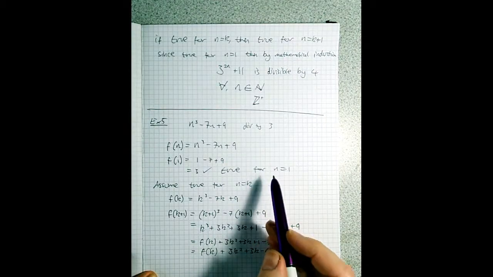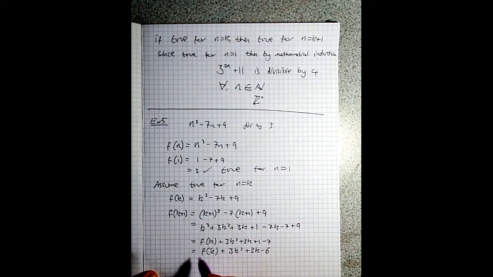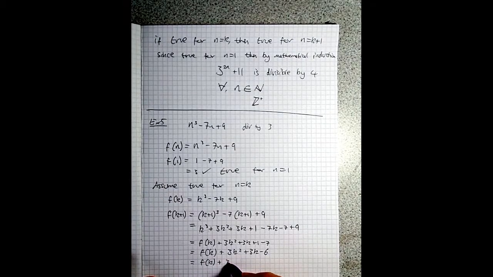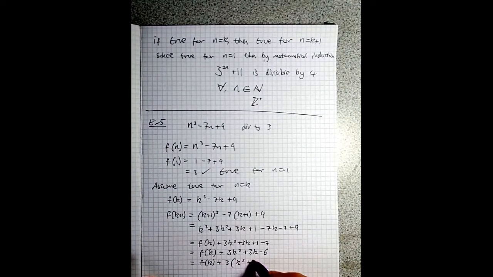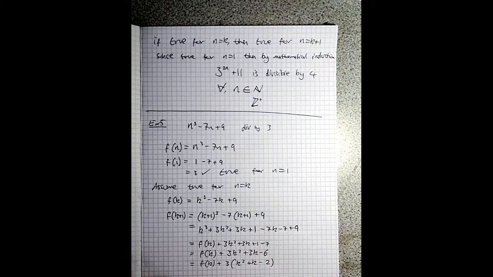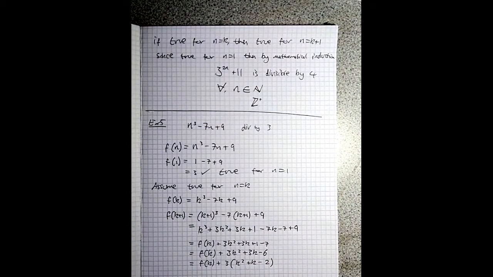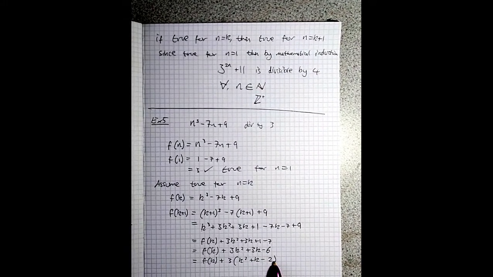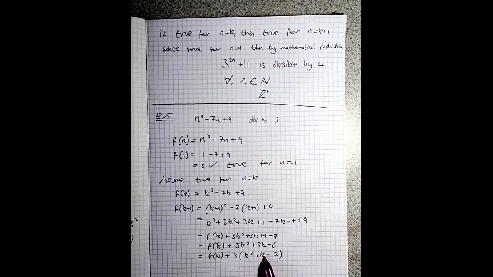Because I want to prove it's divisible by 3, I'll write this as a multiple of 3 so I can take out my factor. Now this is valid because this will always be a whole number. What I have left in my bracket I need to make sure will always be a whole number.